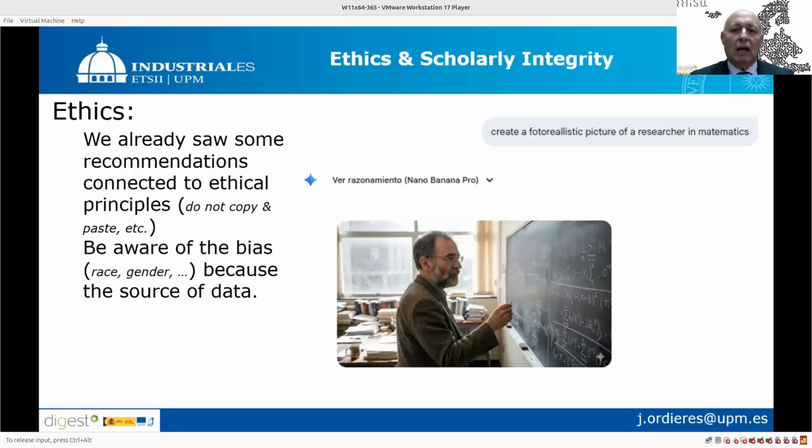Okay, let's go through the last point, which was ethics and scholarly integrity. The recommendation here, already said before, is don't copy and paste text coming from the LLM, unless you advise the journal that you are using AI assistance, and then you need to explain carefully how you used the LLM itself.